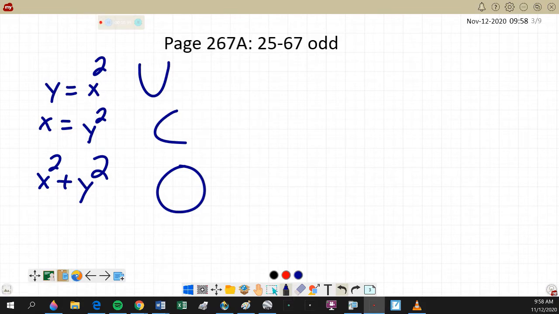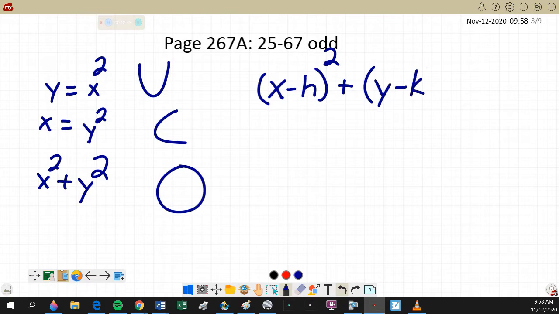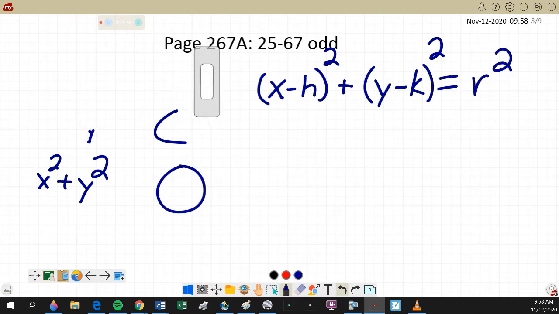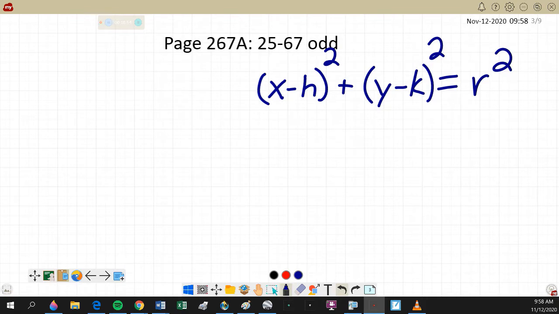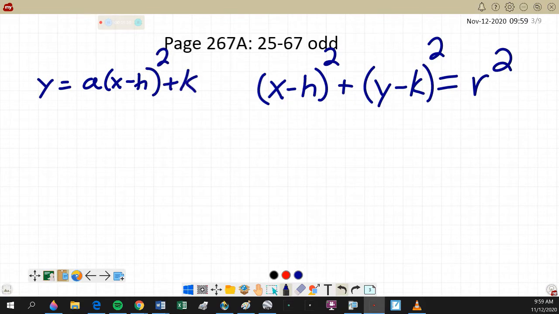Okay? And the basic equation of a circle is (x minus h) squared plus (y minus k) squared equals r squared. And you'll notice that (h, k) is the same point that we used to graph parabolas.